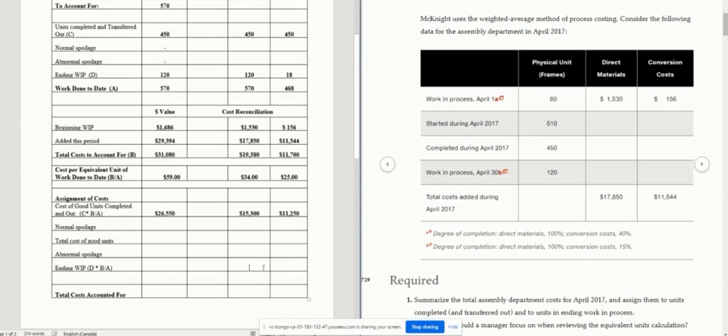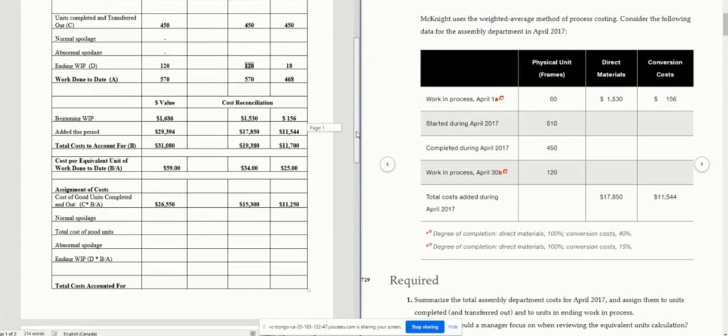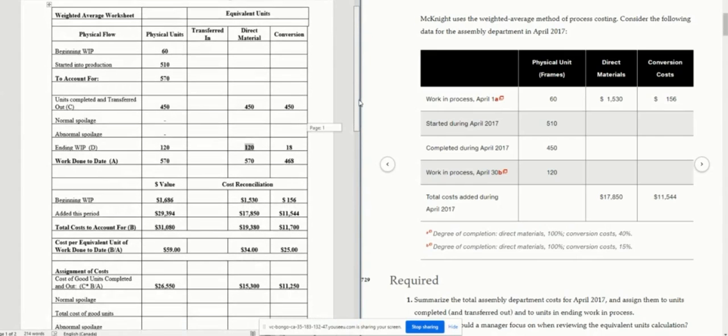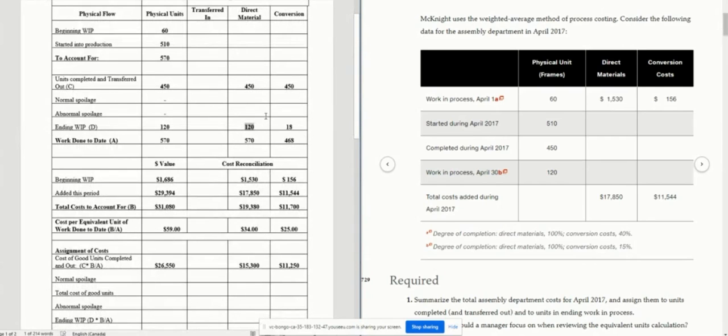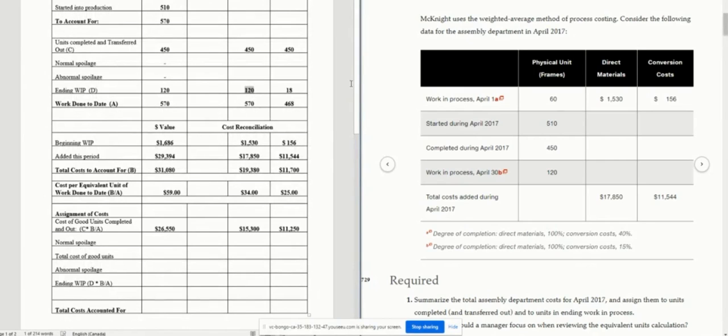What's the value of my ending work in process then? Well, I've got 120 equivalent units of materials. Actually, maybe, just so I can get the whole thing in there and keep it at a decent size.